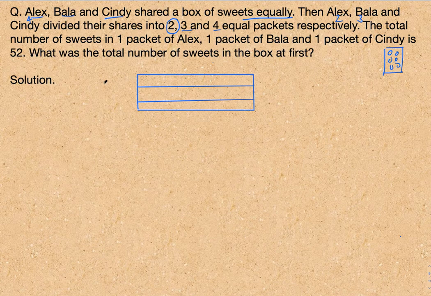The first one is Alex's share, the second one is Bala's share, and the third one is Cindy's share. So you can see here that all of them are equal lengthwise, the same.